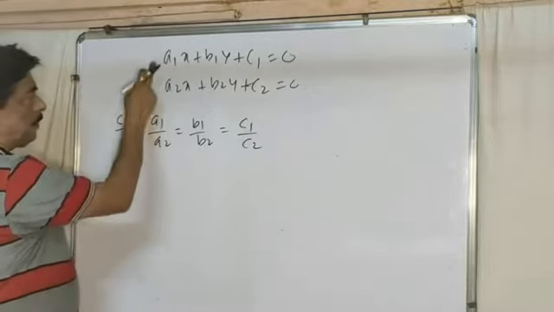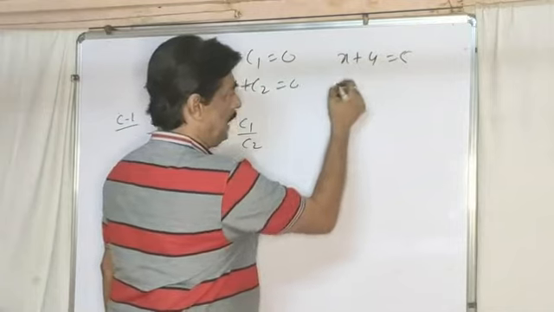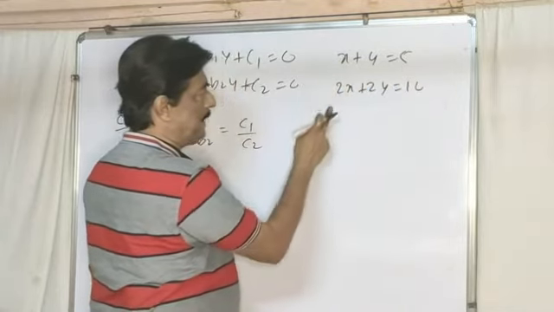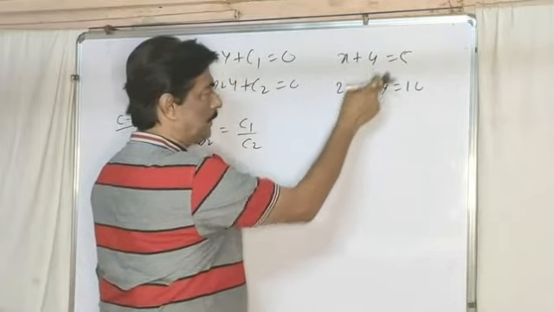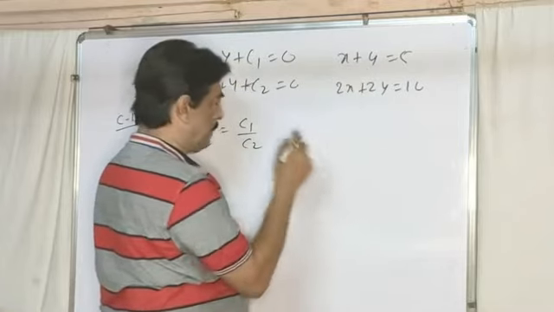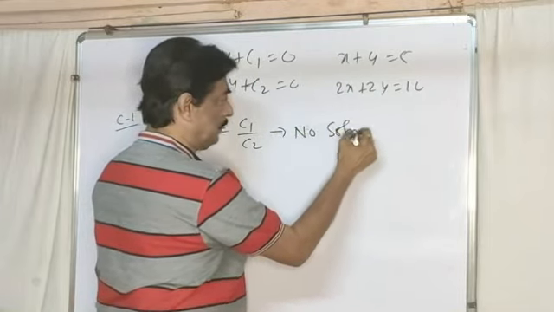Say x plus y equal to 5 and 2x plus 2y equal to 10. These are the same line, identical lines. In this case, the equation has no unique solution. Most important theory.